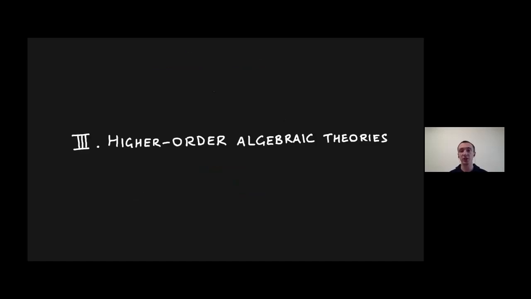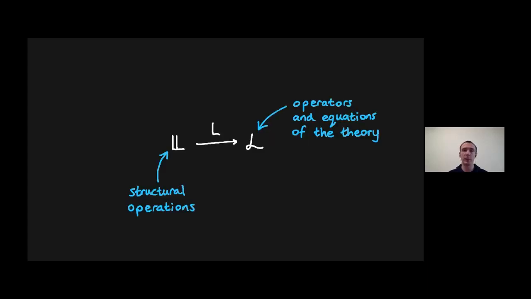Now I'm going to very briefly mention higher order algebraic theories just to show you that there's no reason to stop at 2, and it also makes the theory much more natural. It's very natural to parameterize in an arbitrary natural number n. So again, we want to represent the structure of a higher order equational logic, a logic where we can talk about higher order operators.